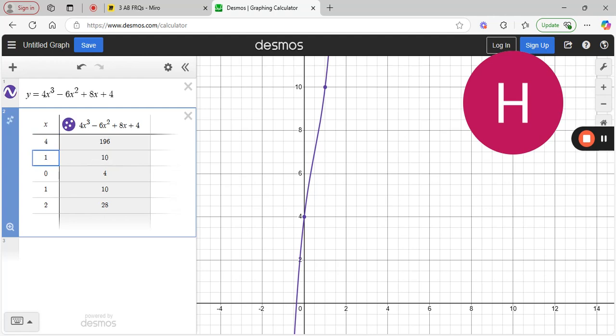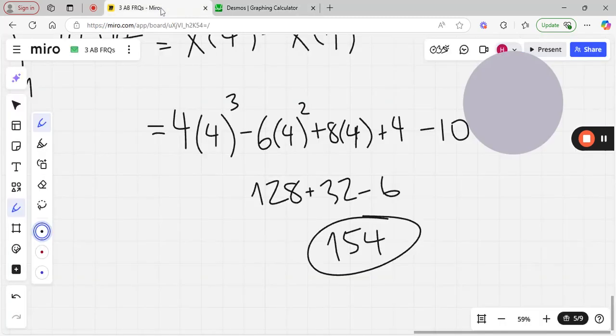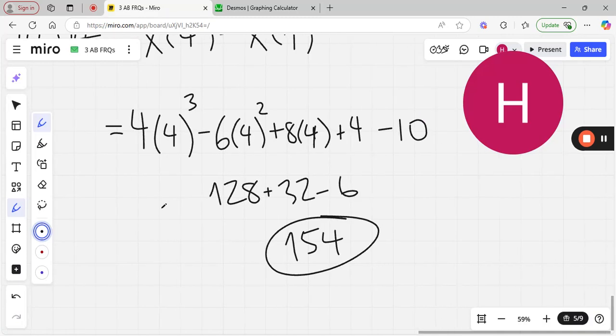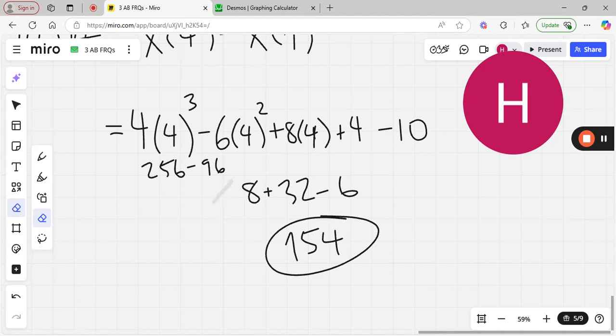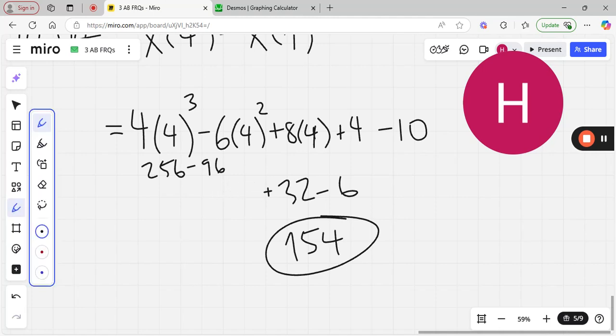And then if we plug in 1, 10, oh, so maybe it's a good thing that I checked this. It's a very good thing that I checked this. This is 256 and this is 96. Got it. Which is significantly different.